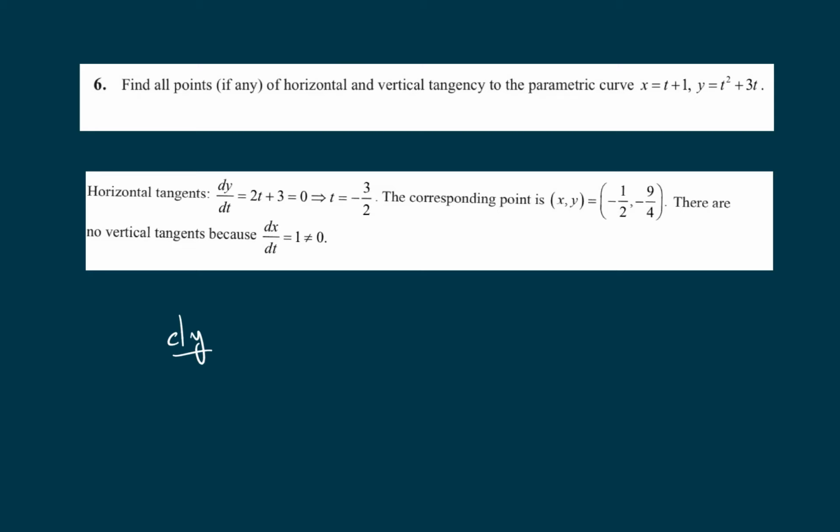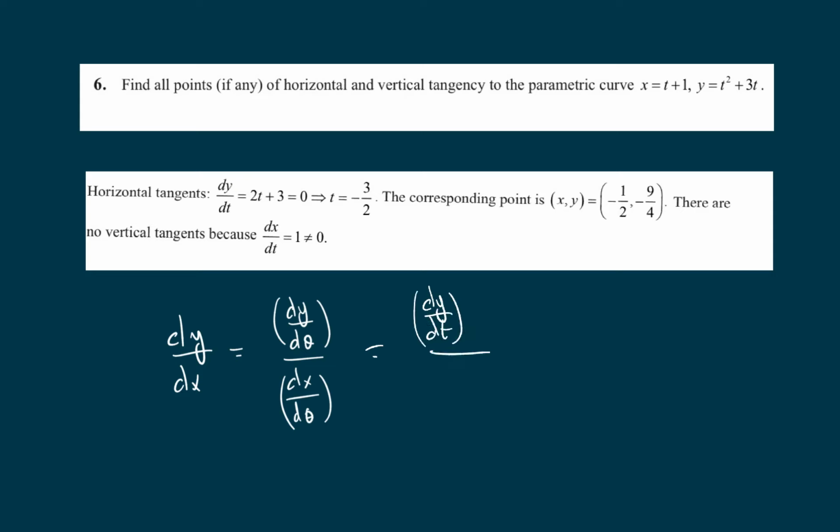So the derivative of y with respect to x is the derivative of y with respect to theta divided by the derivative of x with respect to theta. Okay, here the parameter is t. So it's the derivative of y with respect to t divided by the derivative of x with respect to t.